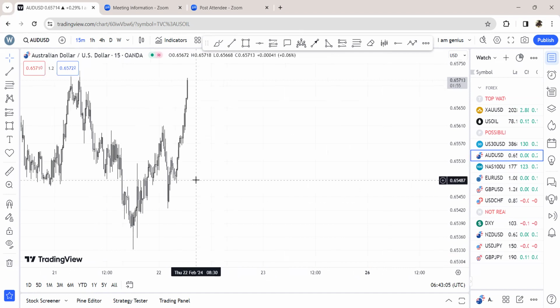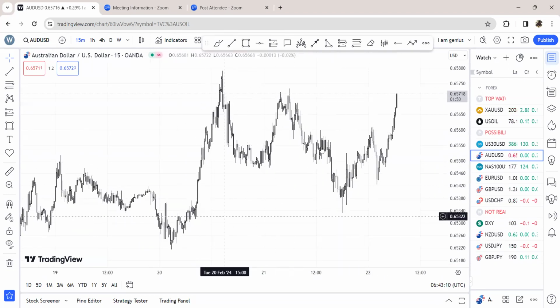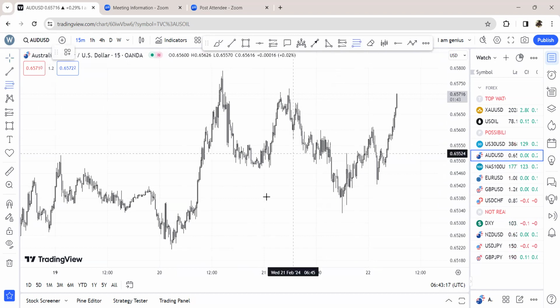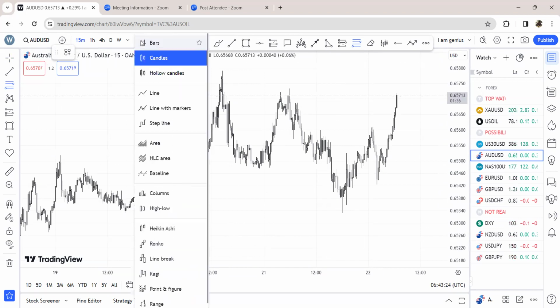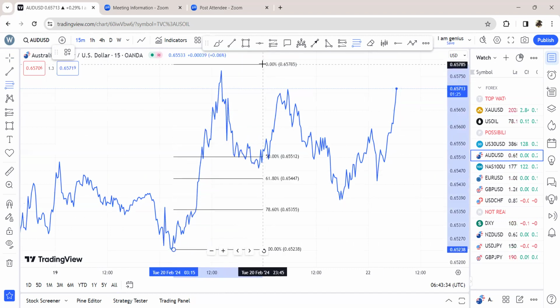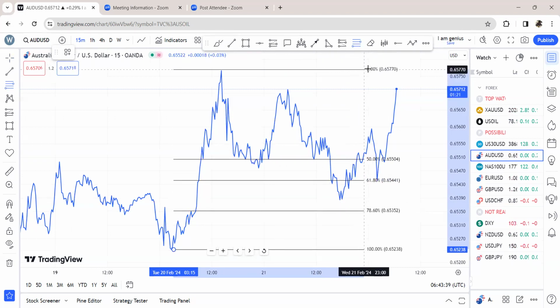Now let's try it on a live market. So you've seen this market, for instance, here. What you want to do is ensure that when you get your Fibonacci, you are touching the tip, which is this. Or if you want, you can change this to a line chart so that you can see what I'm saying. You want to touch the bottom part, which is this, all the way to that highest point it had reached before it turned.